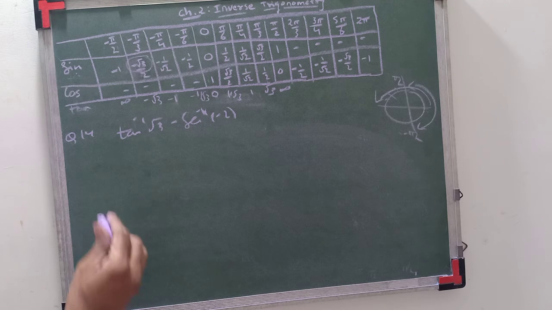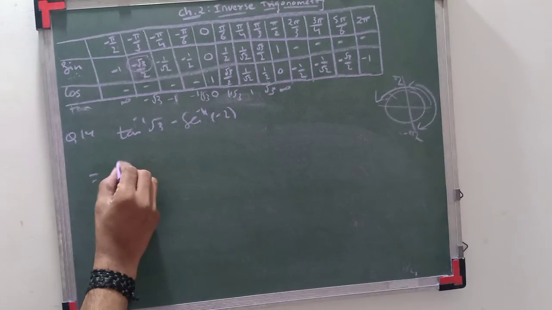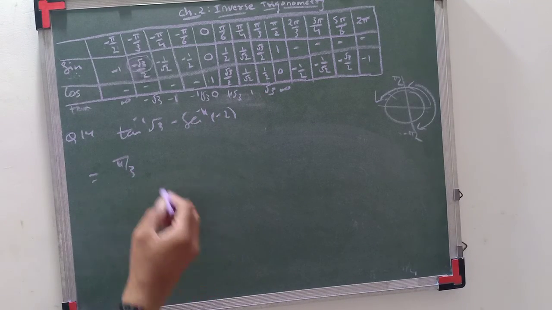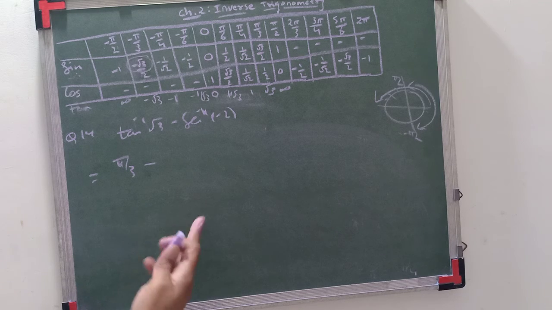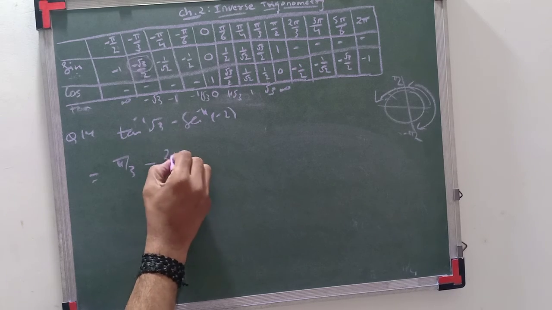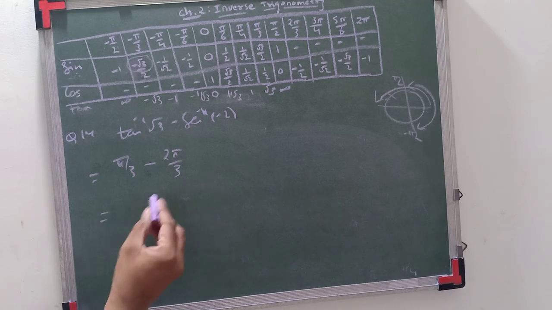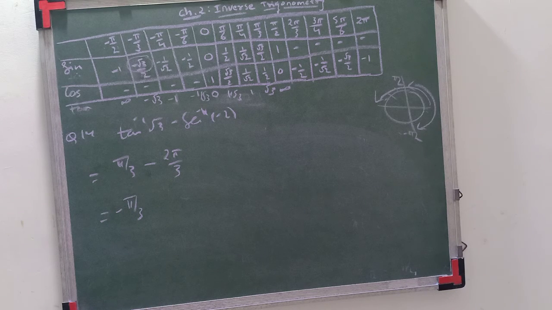Tan inverse of root 3, you will get pi by 3 from the table. If you know the table, then it is very easy. Minus sec inverse of minus 2 means I will think about cos inverse of minus 1 by 2. So cos inverse of minus 1 by 2 here is 2 pi by 3. What is pi by 3 minus 2 pi by 3? Minus pi by 3. So option number B. Yes, option B is the correct answer.